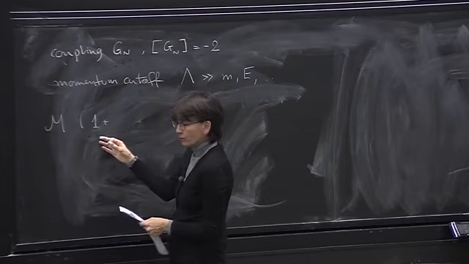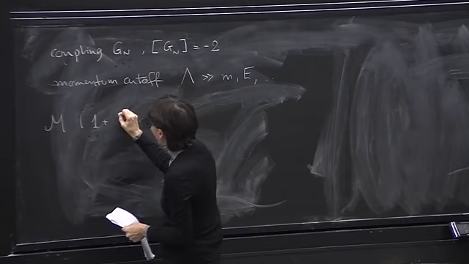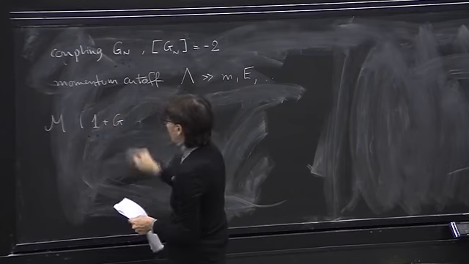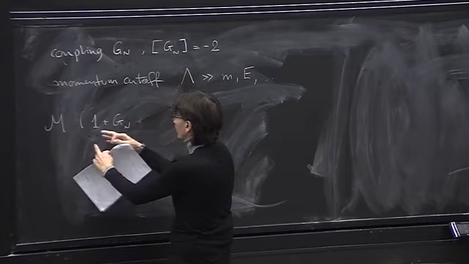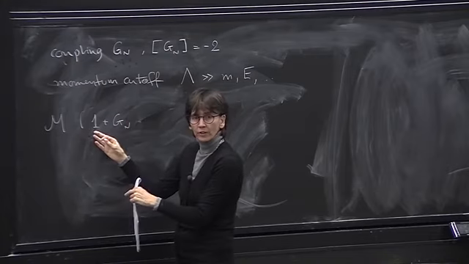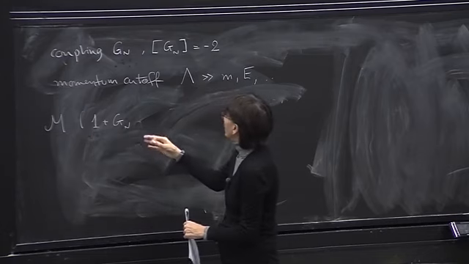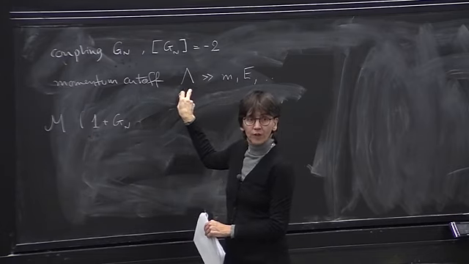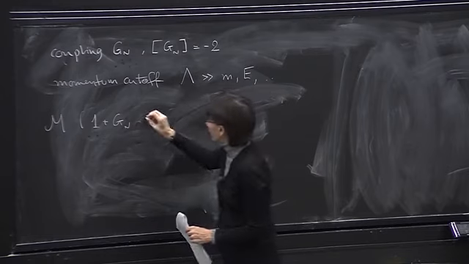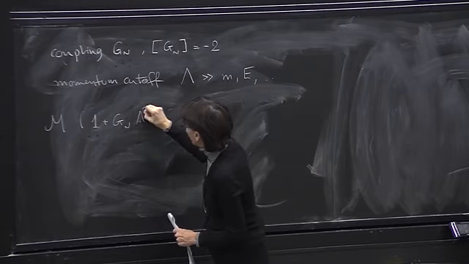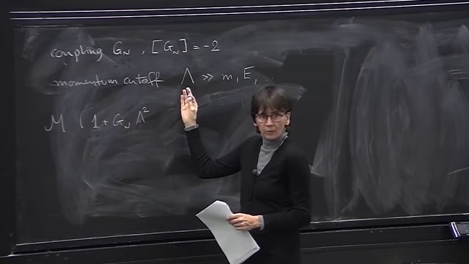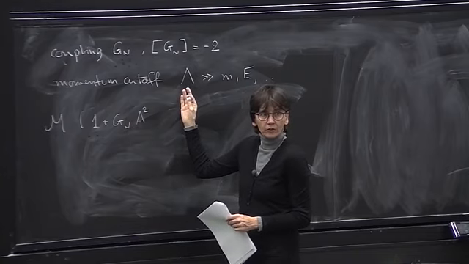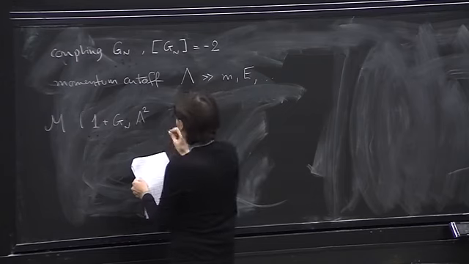Well, I have some lowest order, and then a first order proportional to Gn. But of course, this is a dimensionless quantity. So which dependence must it necessarily have as a function of lambda, the cutoff? Well, it must go like lambda squared, obviously. So then this whole thing is dimensionless. That, of course, has dimensions of a mass, of an energy, right?